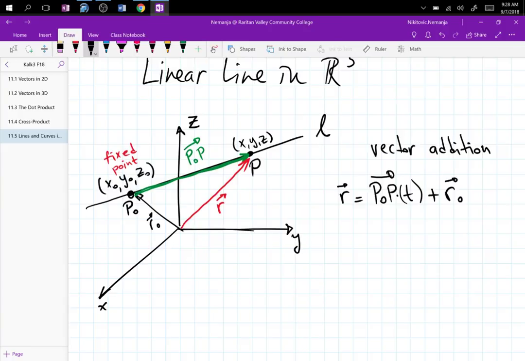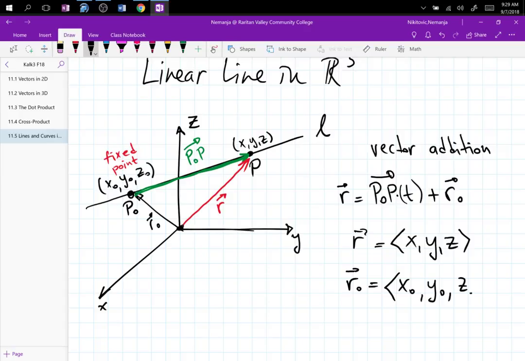Now please note that all of these vectors are given to you. We know that vector R has coordinates x, y, and z, because it stretches from the origin to the x, y, z point. We know that R0 has x0, y0, z0 as the coordinates.